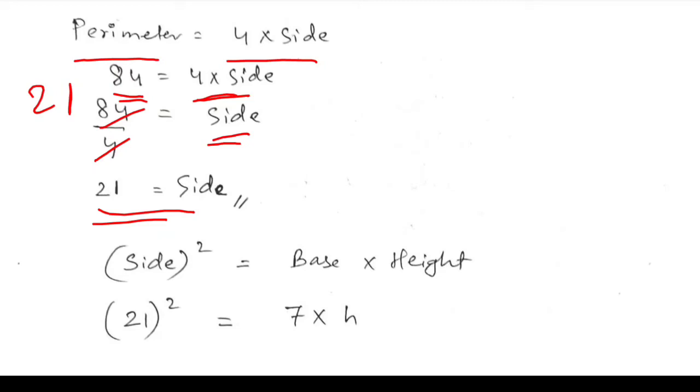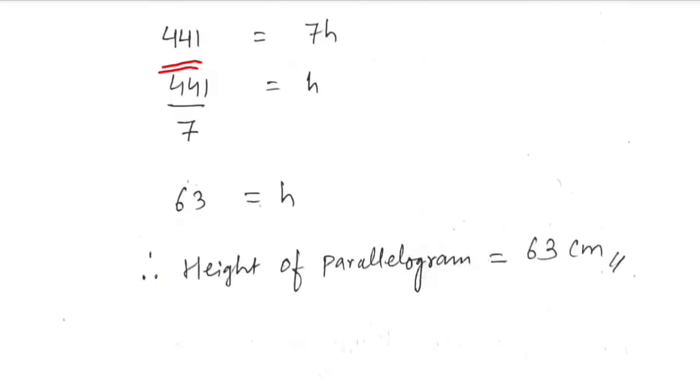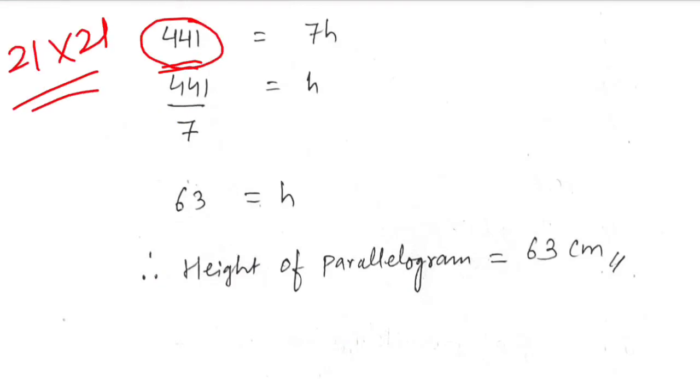Now as it is stated in the question, area of square equals area of parallelogram. So we got the side, 21 centimeter. So 21 squared equals 7 into h, that is height. The next step will be 441. So 21 into 21 becomes 441, and 7 multiplied by h becomes 7h.